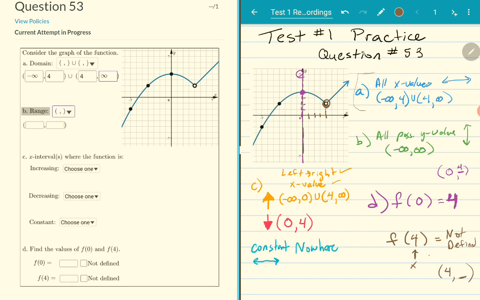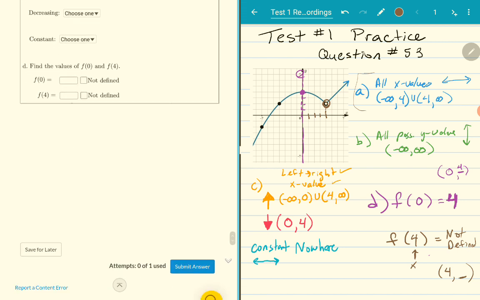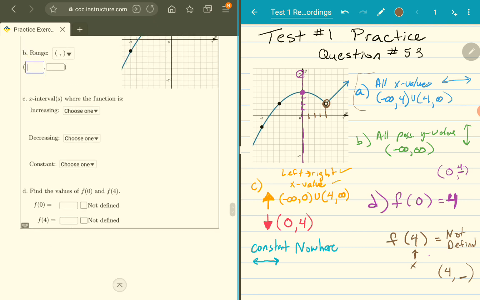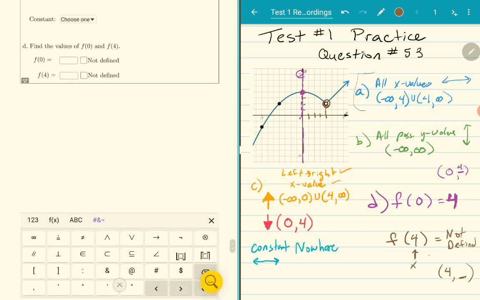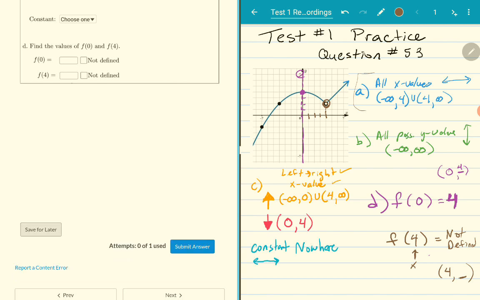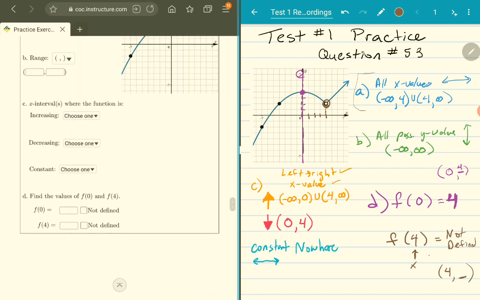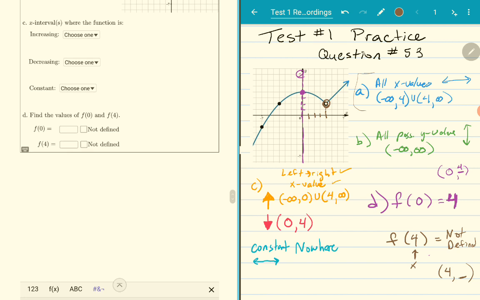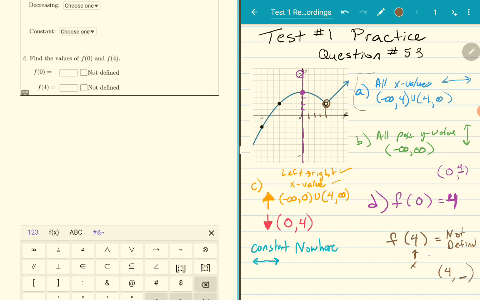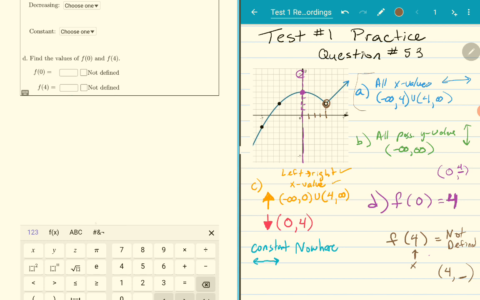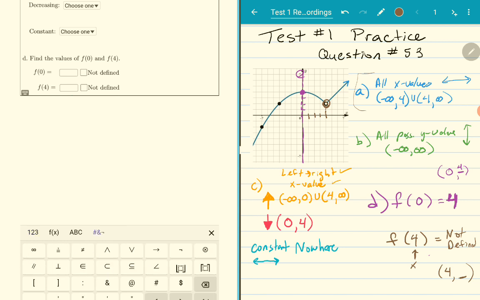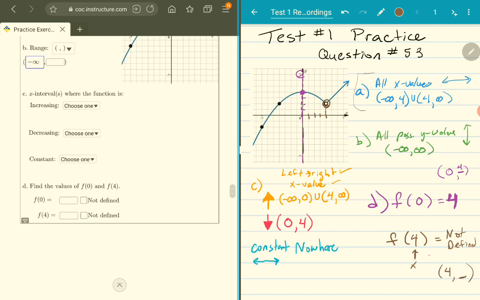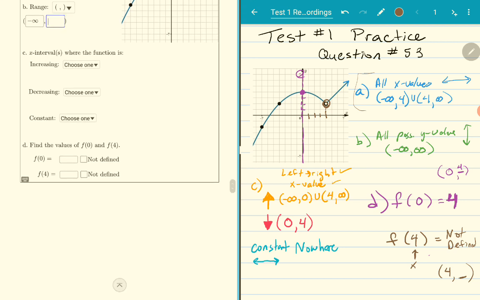And I get negative infinity to infinity.